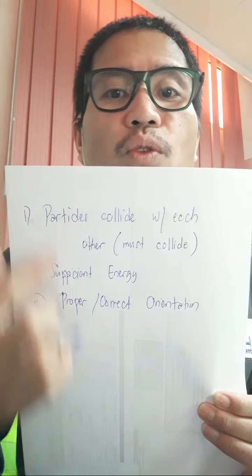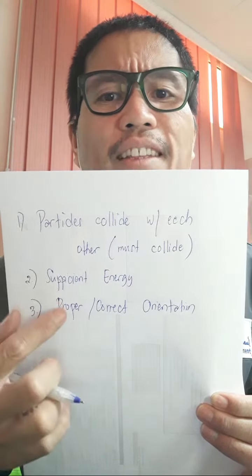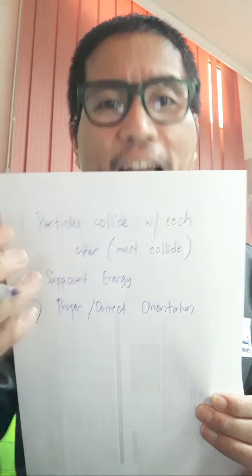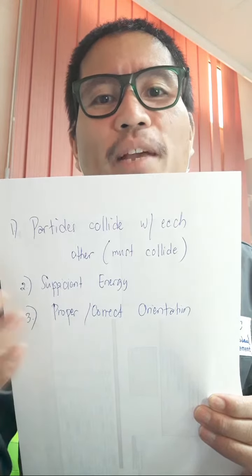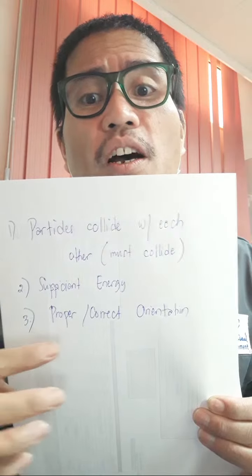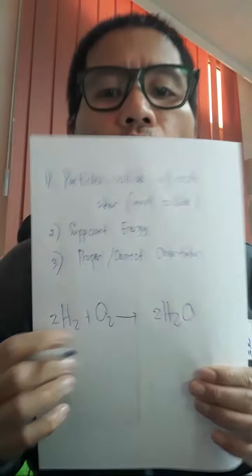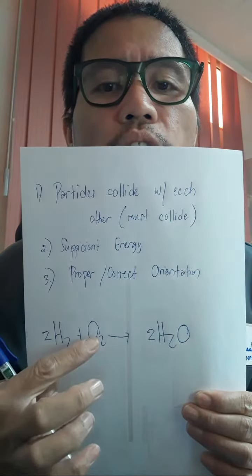This refers to the reactants, the amount of reactants, because these reactants are the source of the chemical reaction before it will produce the products. For example, hydrogen gas plus oxygen gas equals water.